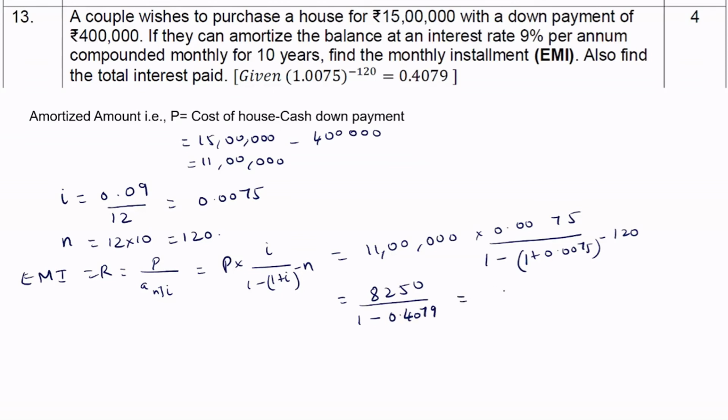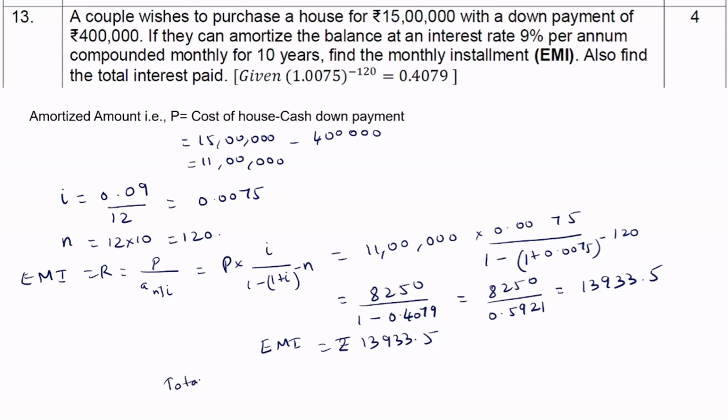So this is equal to 8,250 upon 0.5921. This is equal to 13,933.5. So we have EMI equal to rupees 13,933.5. It is also asked, also find the total interest paid.